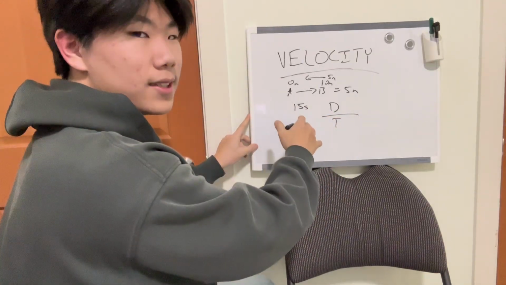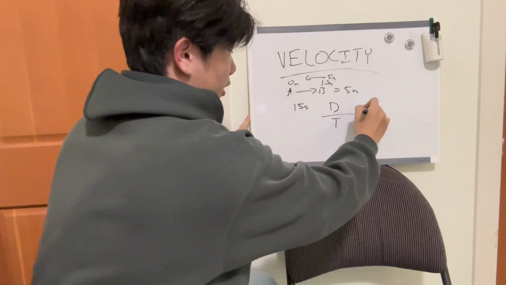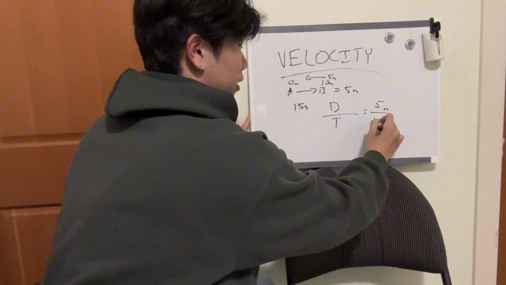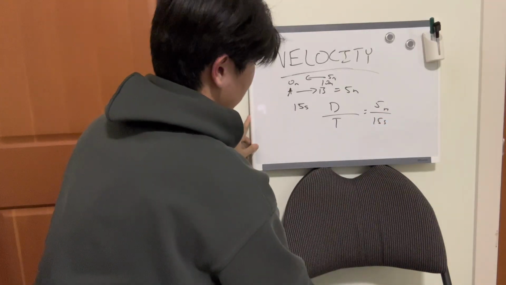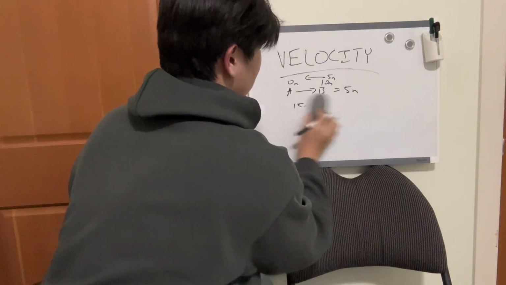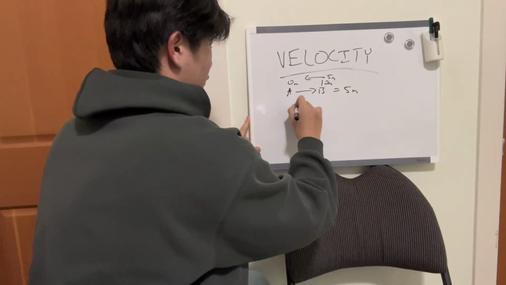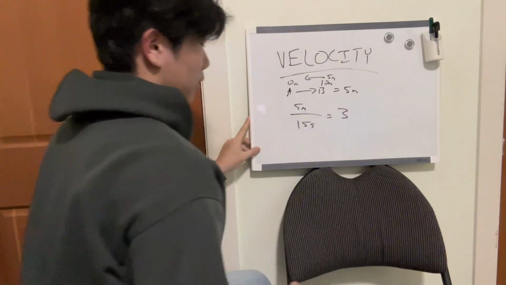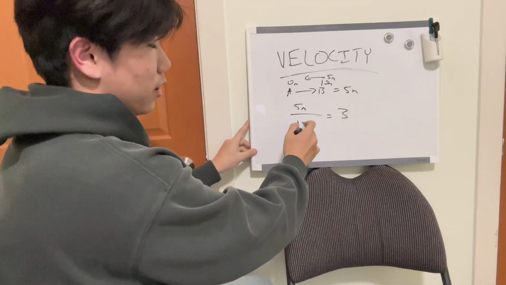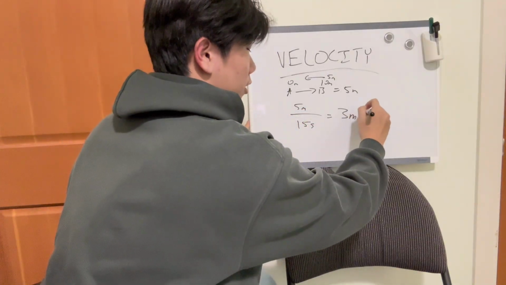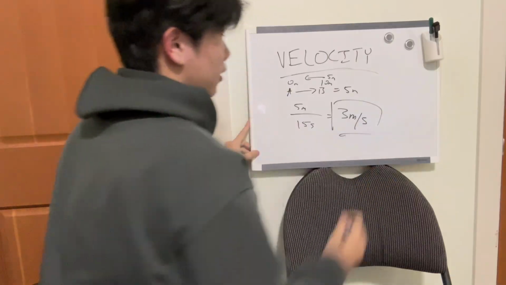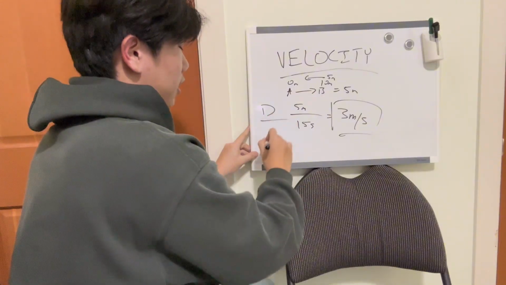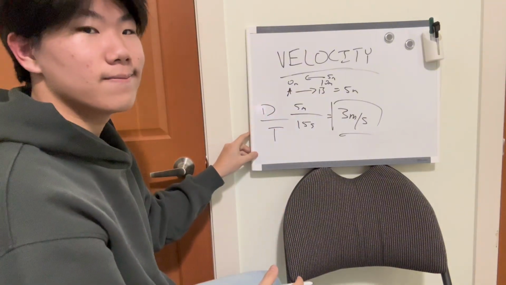That's why we need time. So, D equals 5 meters, the time is 15 seconds, therefore the velocity is 5 meters divided by 15 seconds, which is 1/3. For the units, meters over seconds, so it will be 1/3 meters per second, and that is how you get velocity. Velocity is displacement over time.